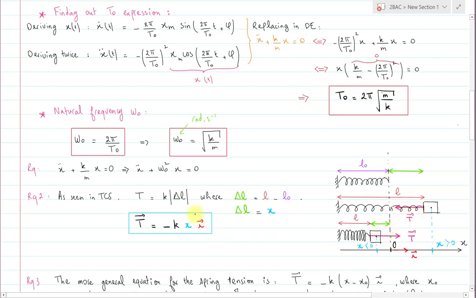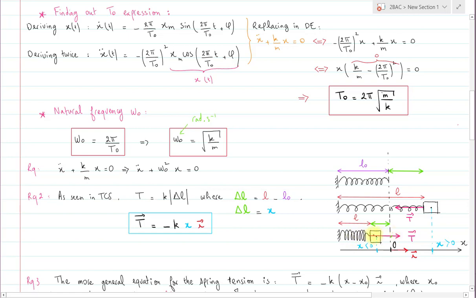So if x is positive, meaning that the object is here, T is in this direction, opposite to that of i. That's why you have a minus sign. Let's see the other case where x is negative, meaning that the object is on the other side and the spring is compressed.